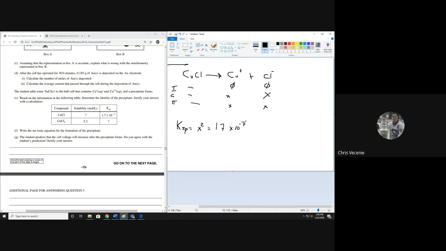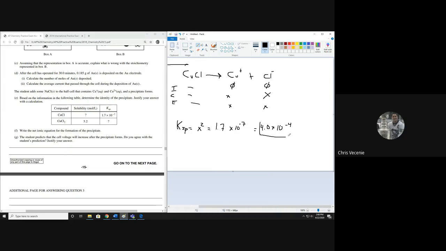All right, so we have to solve this for X. So we're taking the square root of the 1.7 e negative 7. All right, so if I do that, I get 4.0 times 10 to the negative 4th. All right, there's my X value.